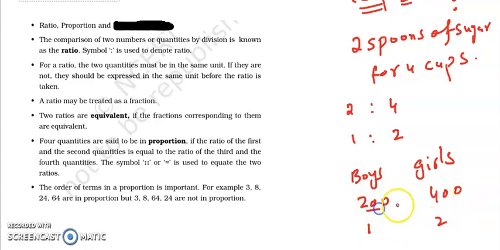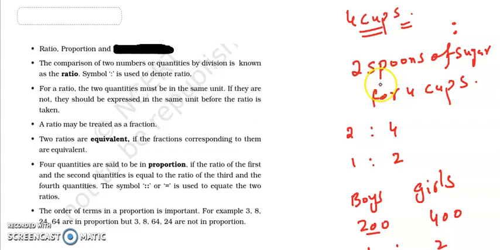The boys are 200, so the girls are 400. Meaning if one boy is taking admission, then 2 girls are taking admission in the school. So mathematically we will say it as 1 ratio 2. So hopefully you understand the meaning of that.